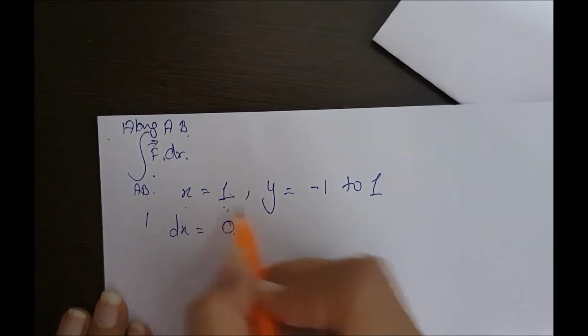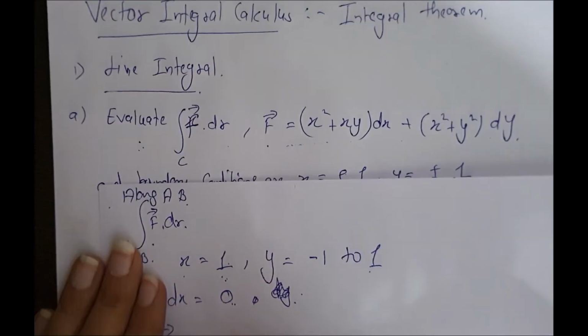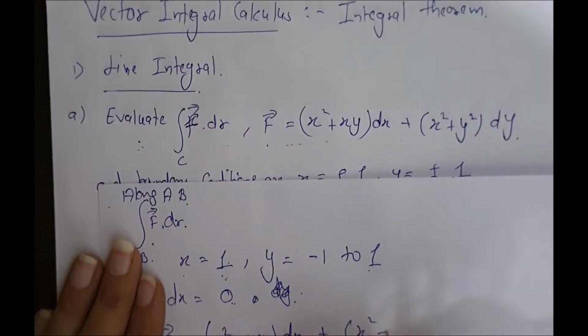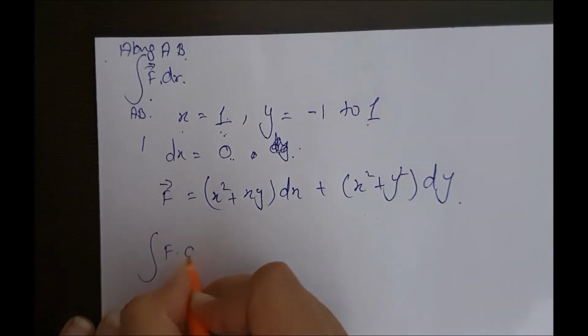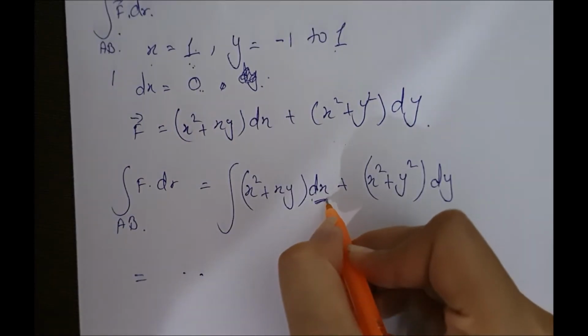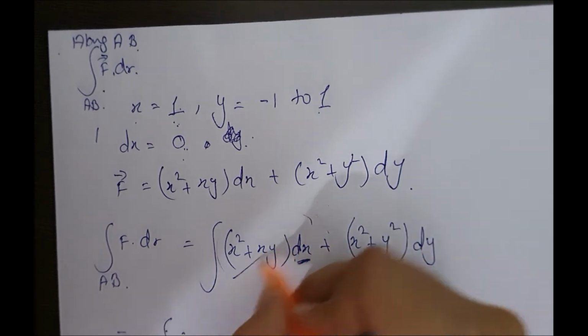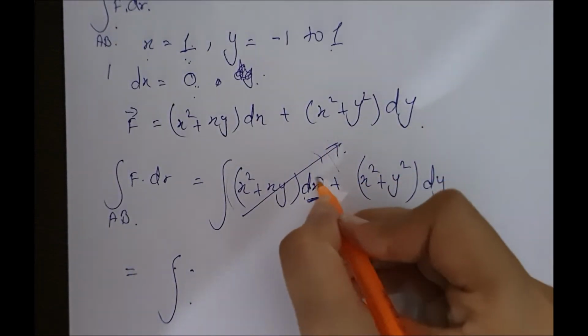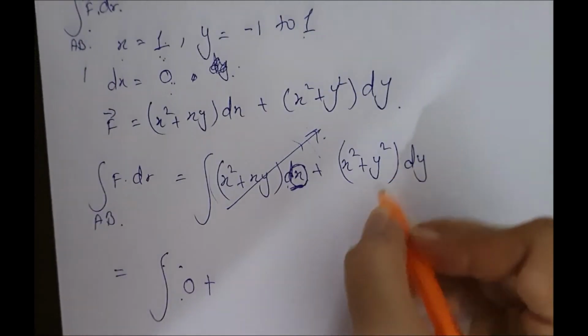So F is (x square plus xy) dx plus (x square plus y square) dy. That is F·dr from A to B. Here dx is 0, so put 0 here. So this term will get cancelled. We will get 0 plus this term only.